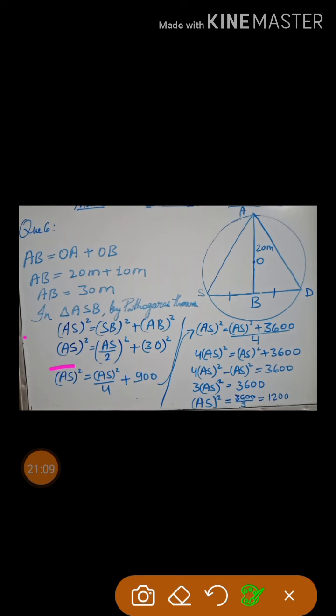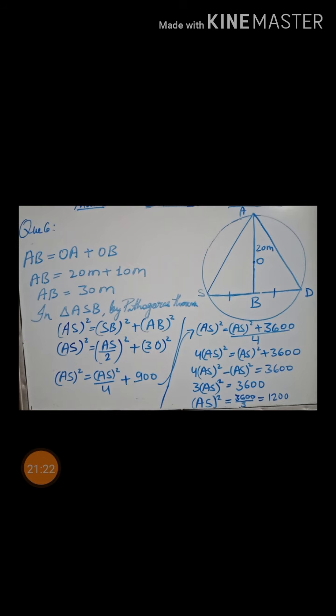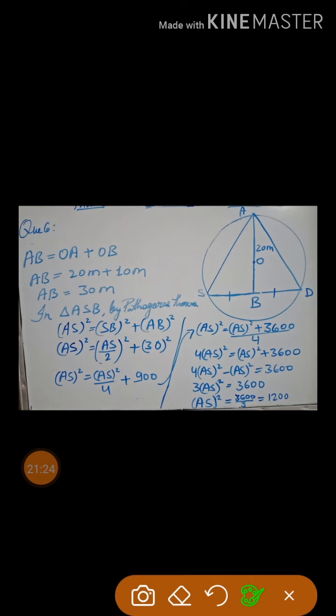So same thing we write here, AS by 2, from equation first. Now in place of AB we write 30. So AS square is equal to AS square by 2 square, which will be 4, and 30 square will be 900.